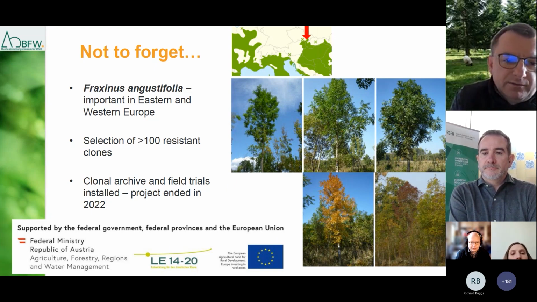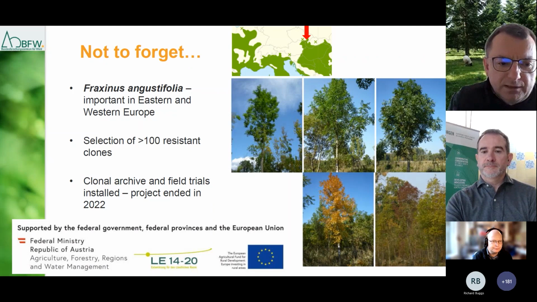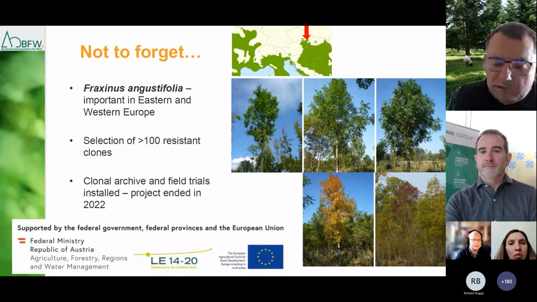We have also installed field trials from that species, and that project ended. But of course, we will continue to monitor the plots and continue also the breeding effort in the narrow-leaved ash. This was funding from the Rural Development Funds from the EU.